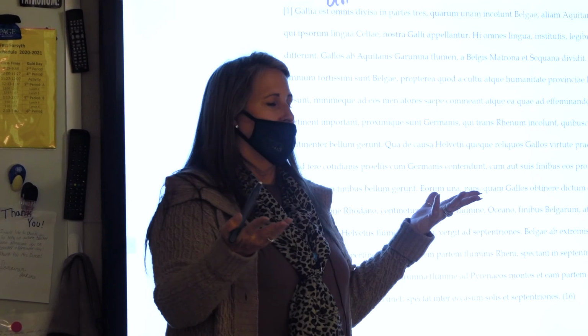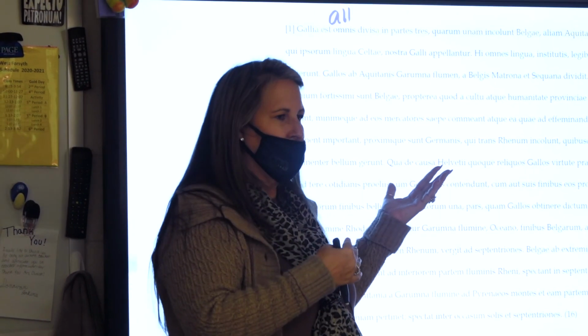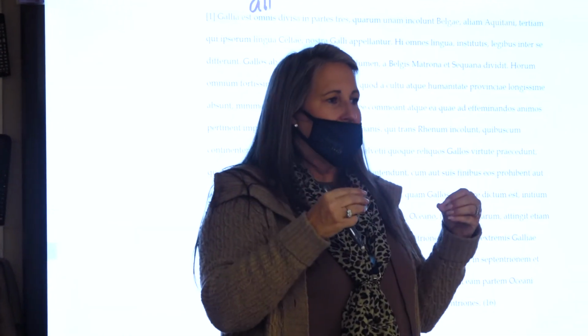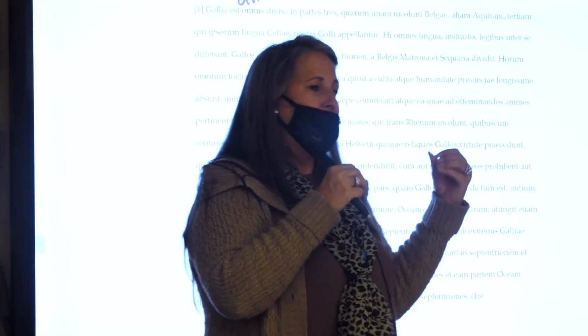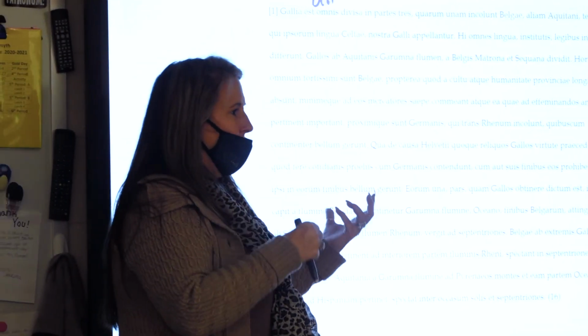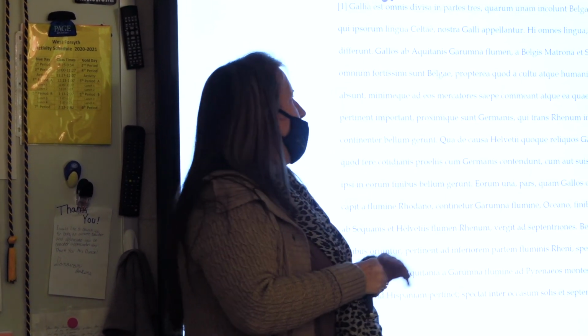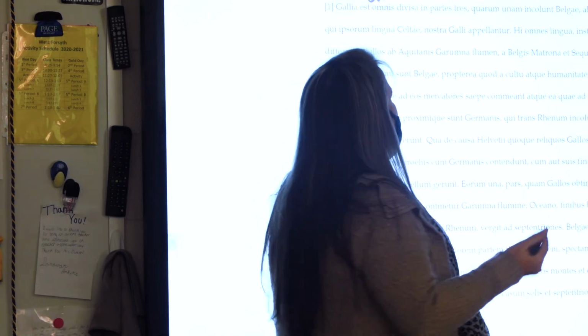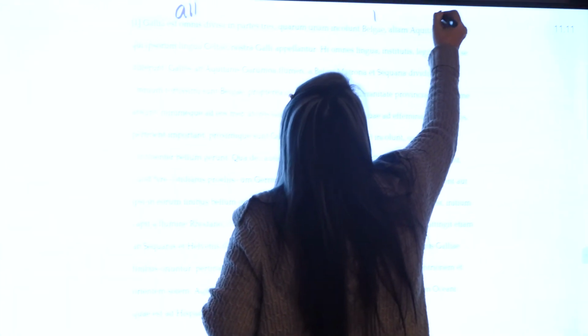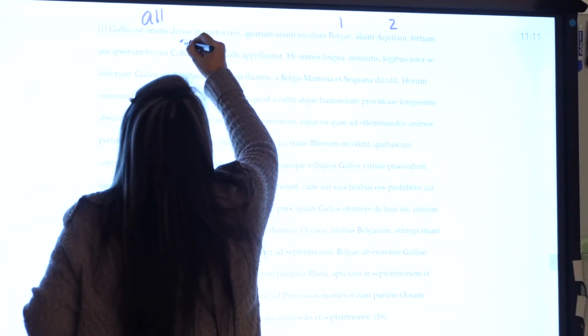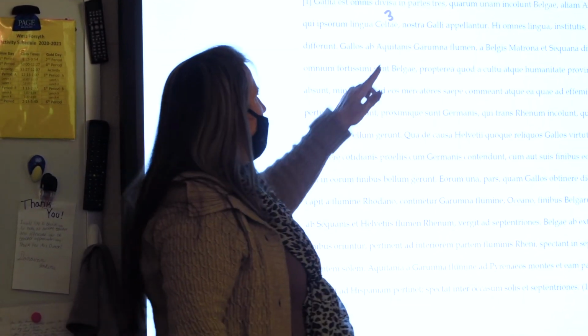In 3 parts. So see, y'all have never seen this before, but yet you could look at it and, based on your knowledge of English, your knowledge of English derivatives, Latin derivatives, you can figure out what this means. Okay, so it's in 3 parts. We've already talked about the Belgae, the Aquitani, and the Celtae. Those are our 3 parts. Okay?